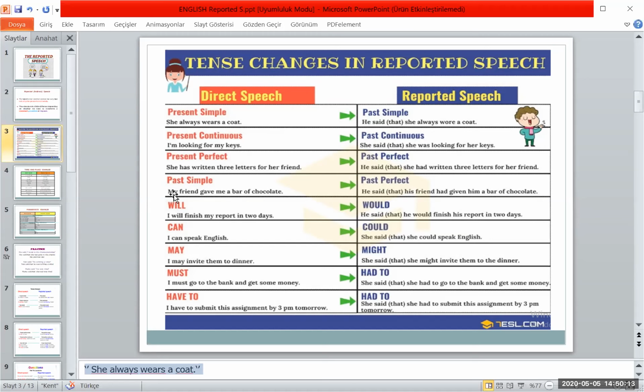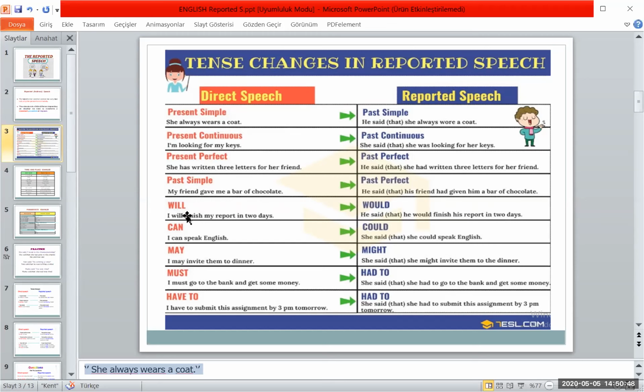Same as present perfect, past simple in direct speech will change into past perfect in reported speech. "My friend gave me" becomes "his friend had given him." Don't think about why the pronoun "me" changed into "him"; I will come to this point a few minutes later. But pay attention, "gave" changed into "had given." Had plus verb 3 gives us the formula of past perfect.